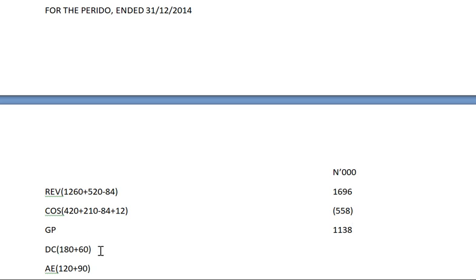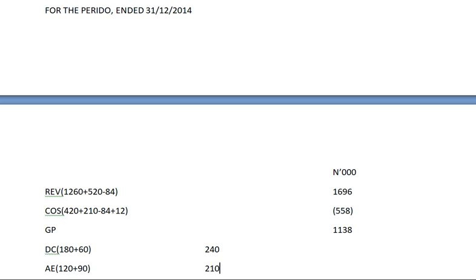Then from there, we less all the expenses from this gross profit to get our profit before tax. So we have 180 plus 60, that's 240. You have 120 plus 90, that should be 210.